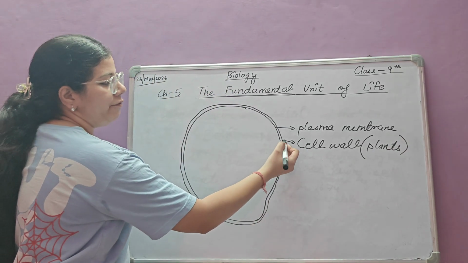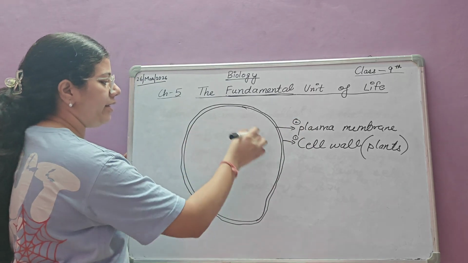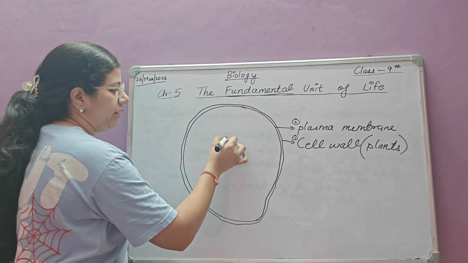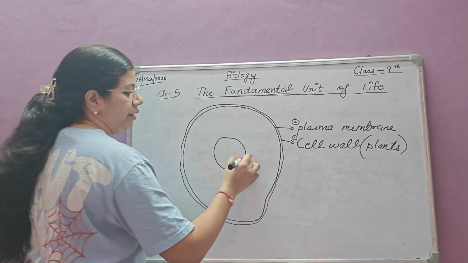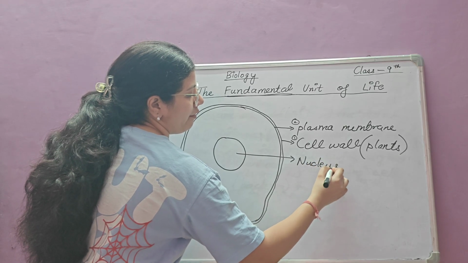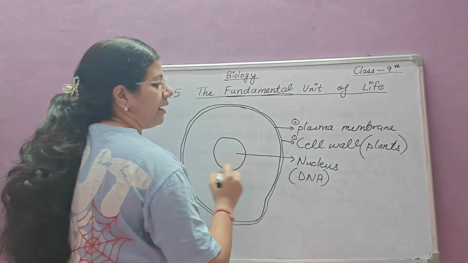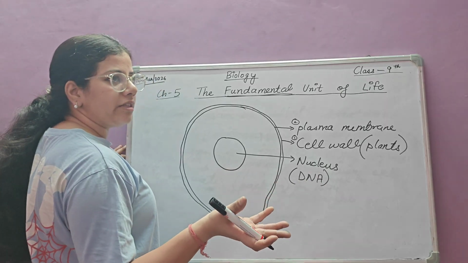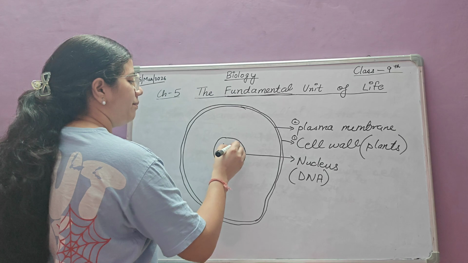Outside is the cell wall, then the plasma membrane, then there are cell organelles. The basic prominent structure inside the cell is the nucleus, where हमारा hereditary material DNA, or in some other organisms RNA, is also there in the nucleus.